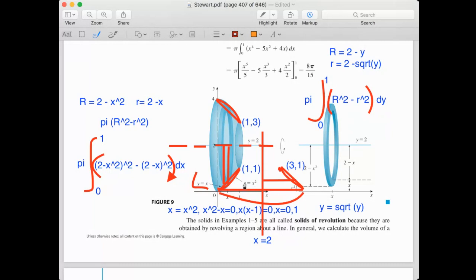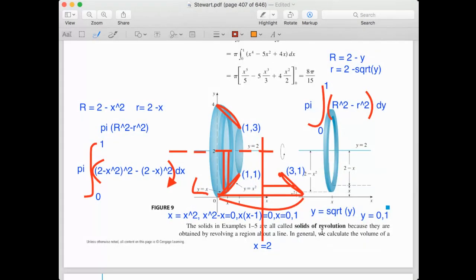For y equals x squared, we want to write x in terms of y, so that would be x equals the square root of y. We set these equal to each other and solve for y. Then y would be equal to 0 and 1. We square both sides, factor, and get the lower limit and upper limit. For this one, it is obvious. For some others, maybe we need to set them equal, then solve. Okay, let's see more. Anybody else has any questions?